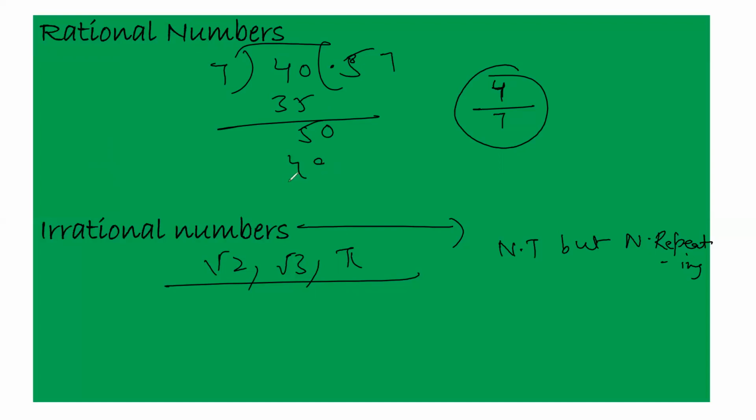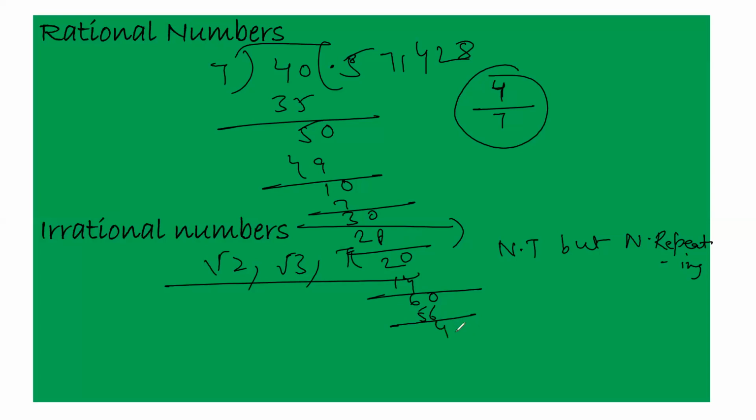So 7 7s are 49, 1, and again 0, 7 1s are 7, 3, and again 0, 7 4s are 28, 2, again 0, 7 2s are 14, 6, again 0, 7 8s are 56, 4, and it gets repeating.